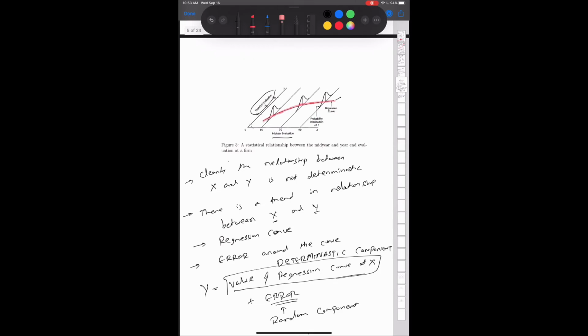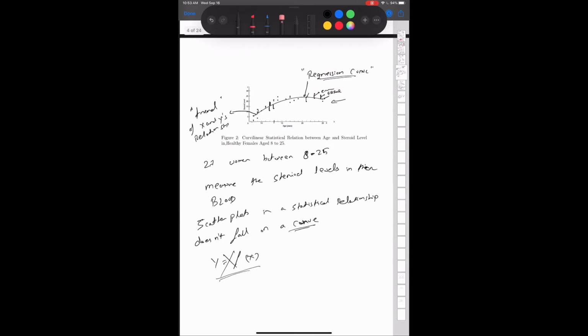Let's go back to this example here. If I'm interested in studying this, I see that the relationship between age in years and steroid levels is not linear. But what if, instead of girls of age 8 to 25, I focused on girls from age 8 to 18, right?